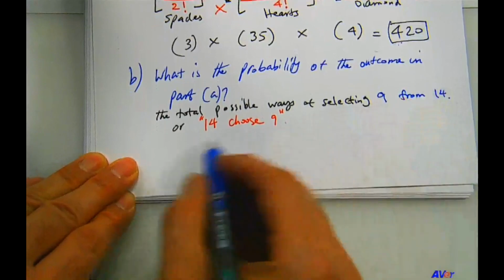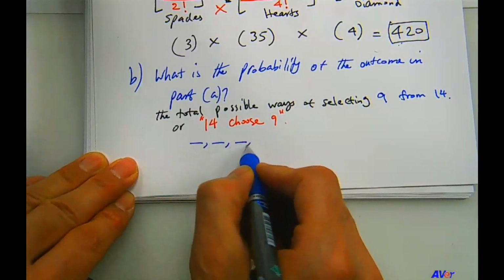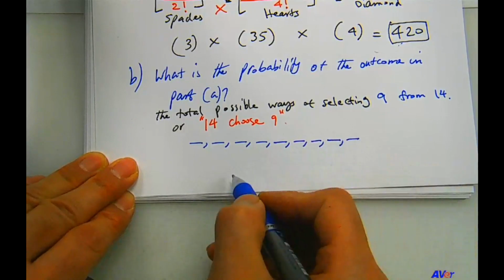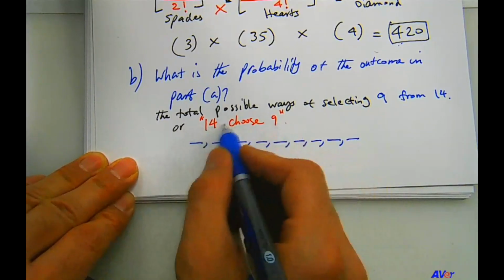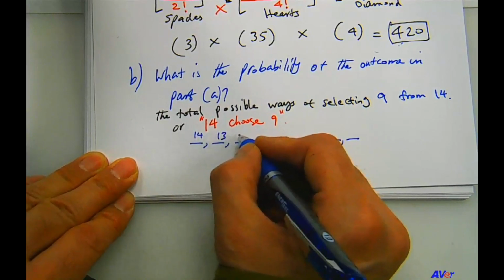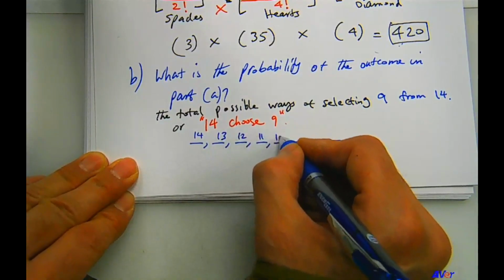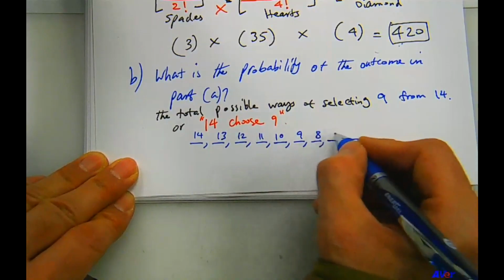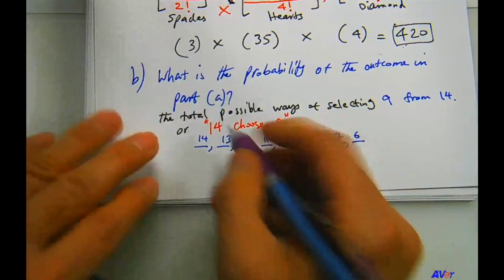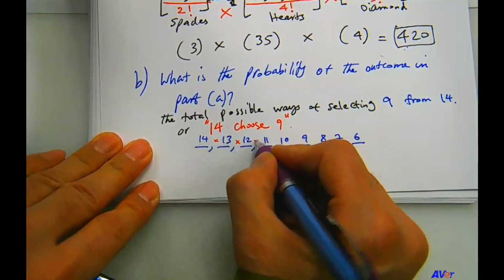Okay, so that's pretty easy because we have 9 spots to fill. So let's draw that. So we have 1, 2, 3, 4, 5, 6, 7, 8, 9. And we have 14 cards to choose from. So we have 14, 13, 12, 11, 10, 9, 8, 7, 6. If you left it like this, you're counting permutation.